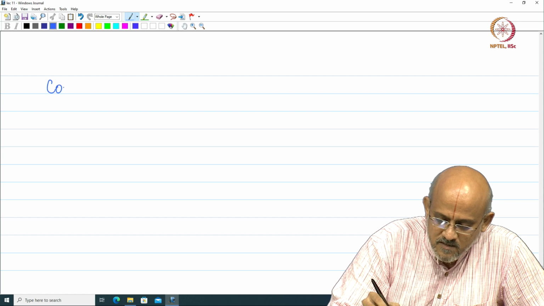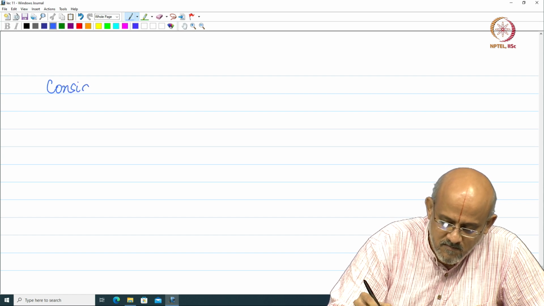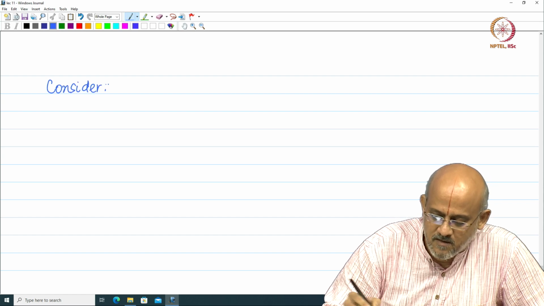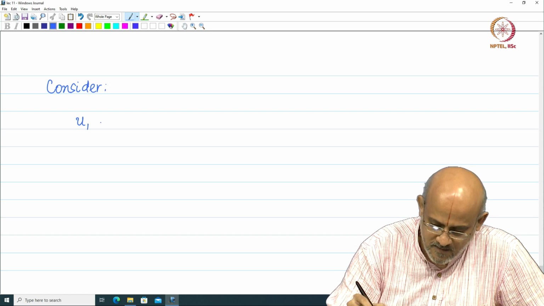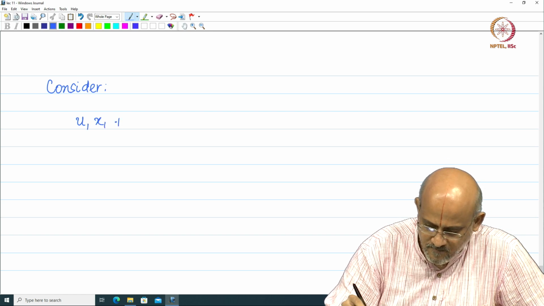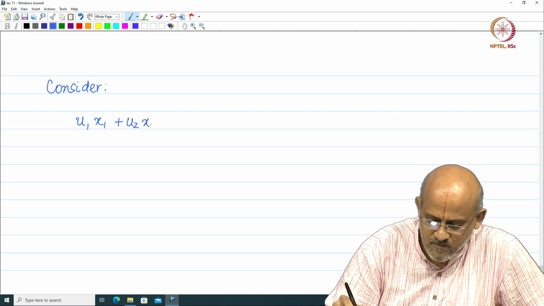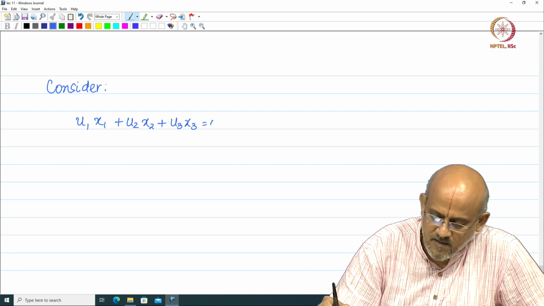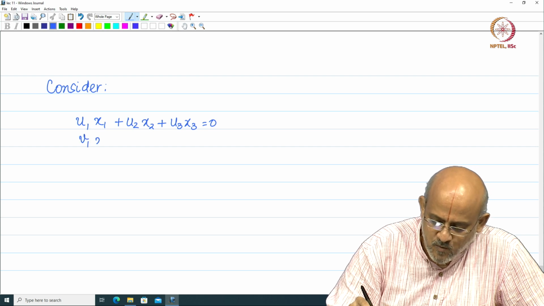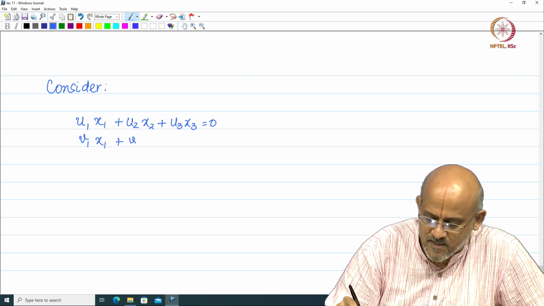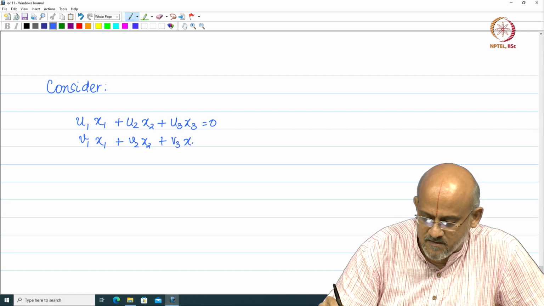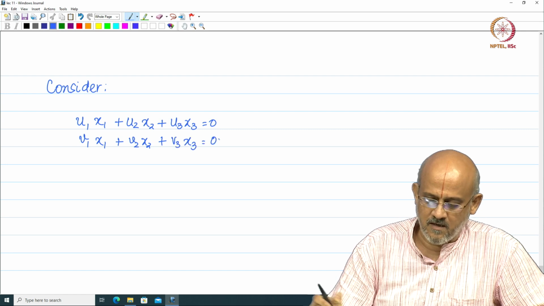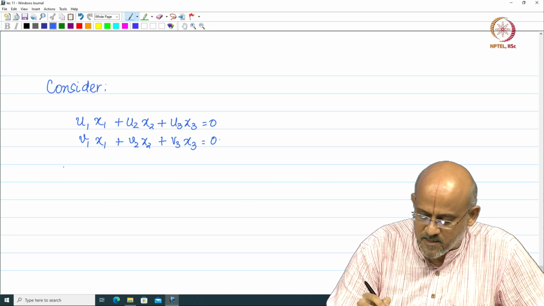Consider the following system of equations. Consider, I am going to have these two equations: u1 x1 plus u2 x2 plus u3 x3 is equal to 0, and v1 x1 plus v2 x2 plus v3 x3 is equal to 0. So, I want to find out the solution to the system of equations.